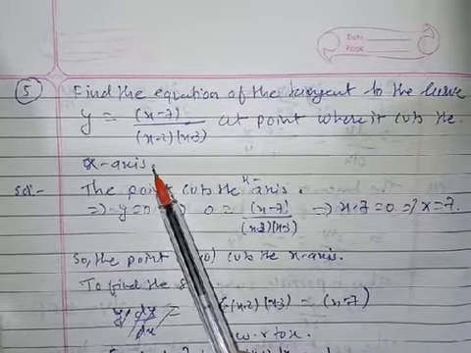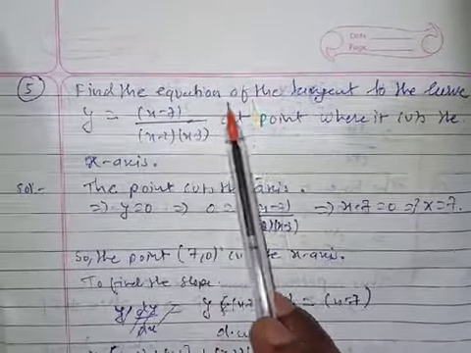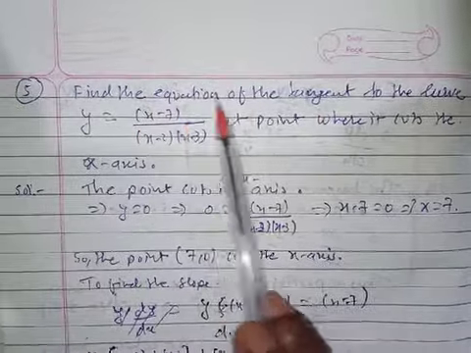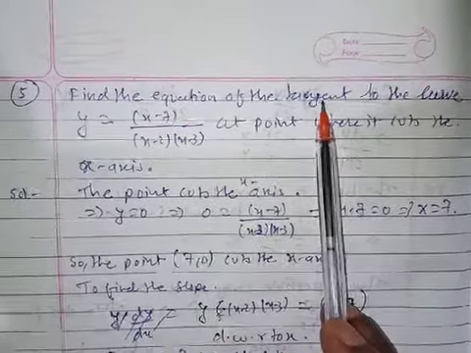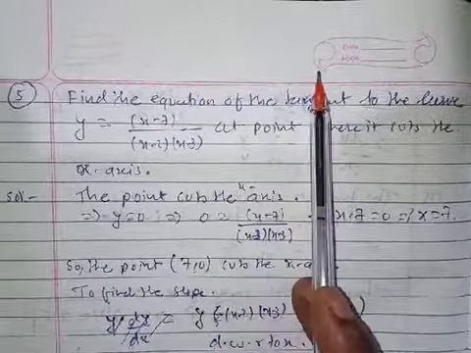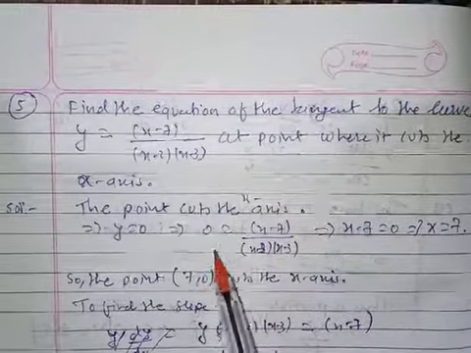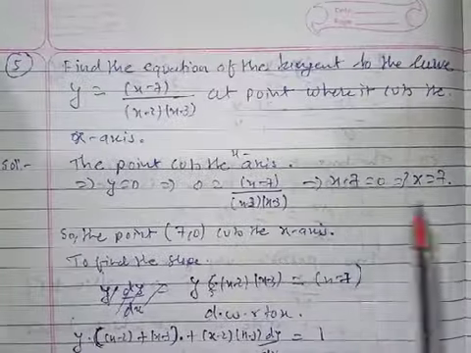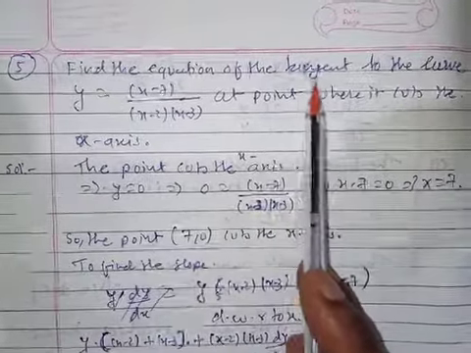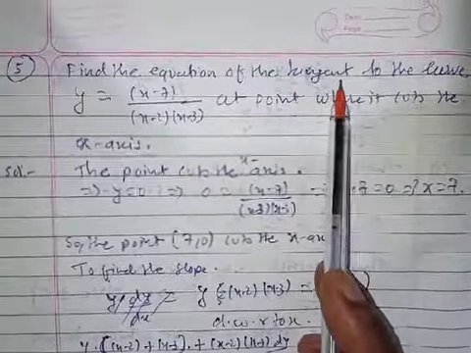Okay. If you want to find an equation, you know that in 11th standard we study that whenever we want to find the equation, we must have a slope and a point, x, y. If you know these, then the equation can be found. This is a tangent, so tangent means dy by dx.